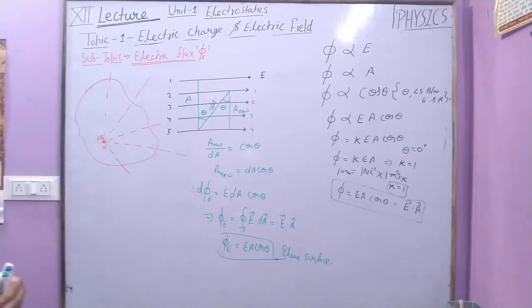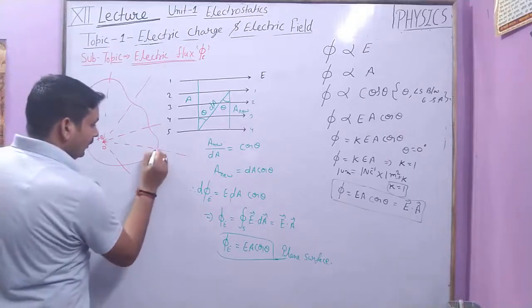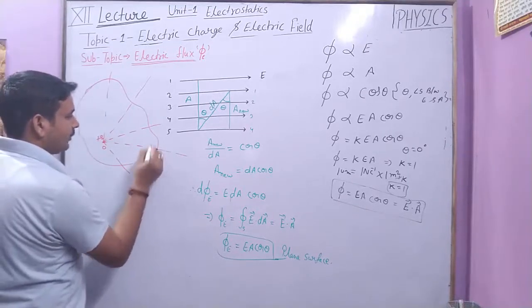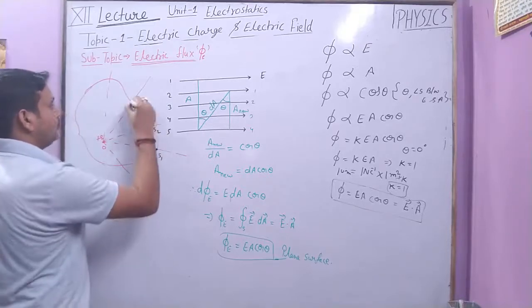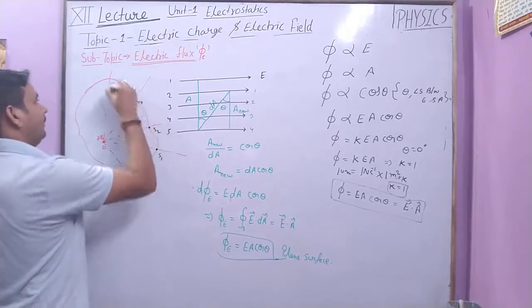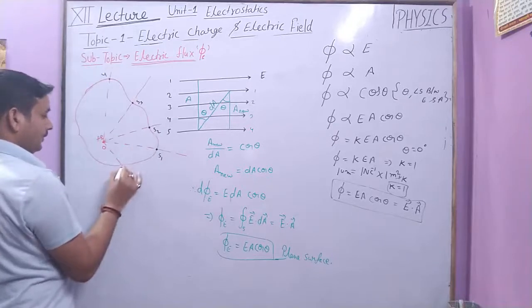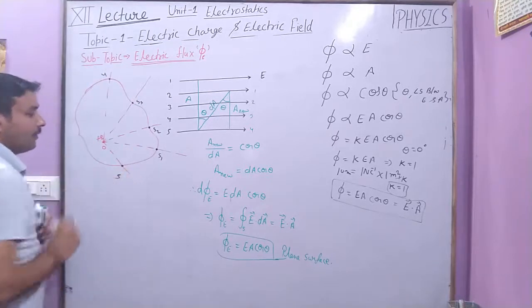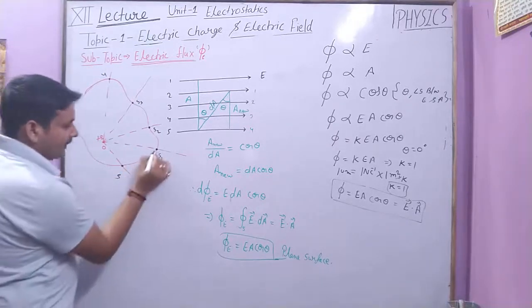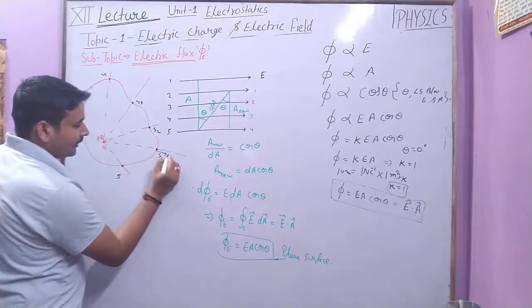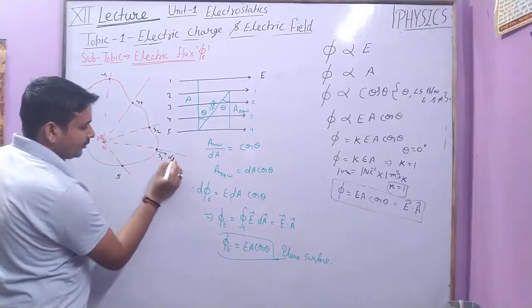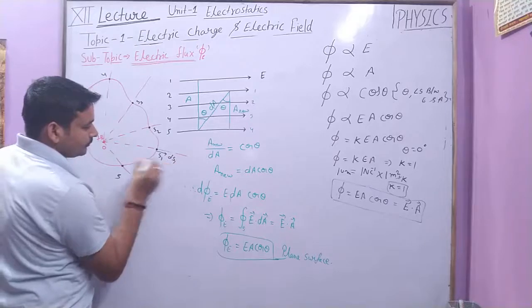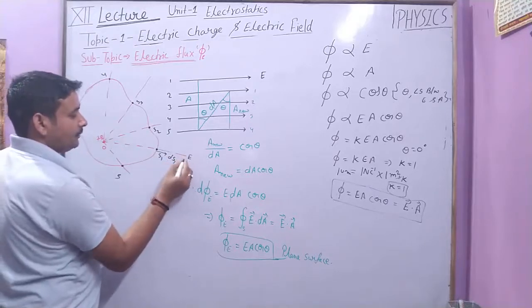Clear? So for calculating the electric flux, we divide the surface into S1, S2, S3, S4 and S5, where we observe that at this point the area vector is in the direction of the electric field.